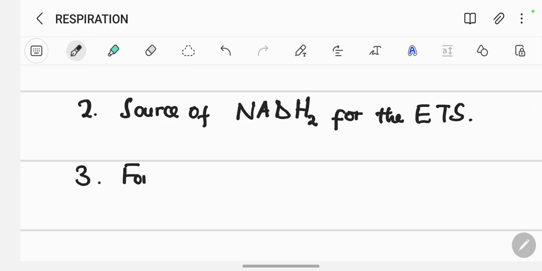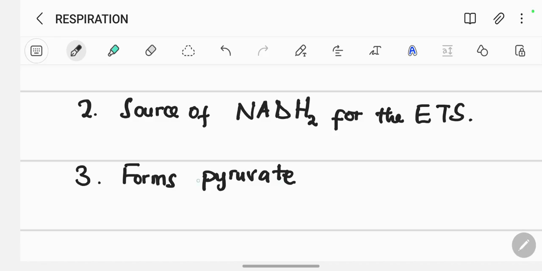So under glycolysis, our intention is to form pyruvate. Pyruvate is the same as pyruvic acid.